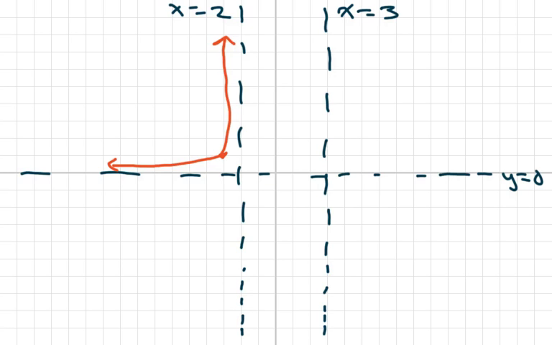I had a y-intercept at (0, -1). And you could also plug in 1 and you'll get -1. So something like this.